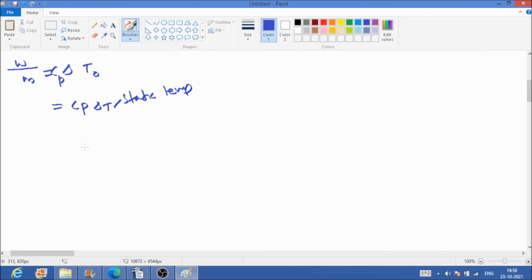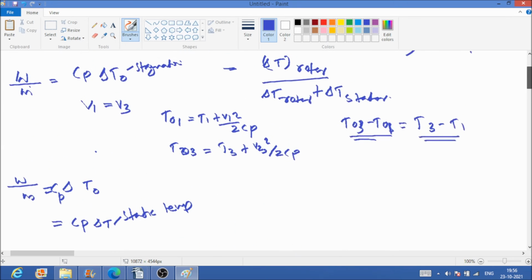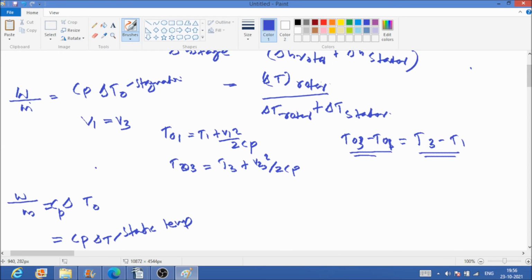Now this Cp delta T, and this is for the stage, remember, is equal to U Vf into tan alpha 2 minus tan alpha 1. So we have the degree of reaction R as delta T of rotor over delta T for the stage.